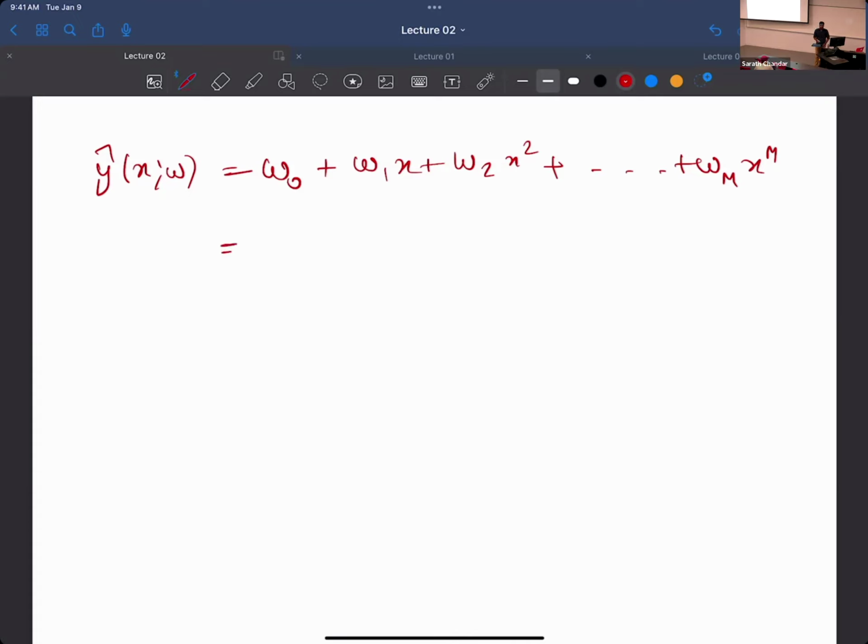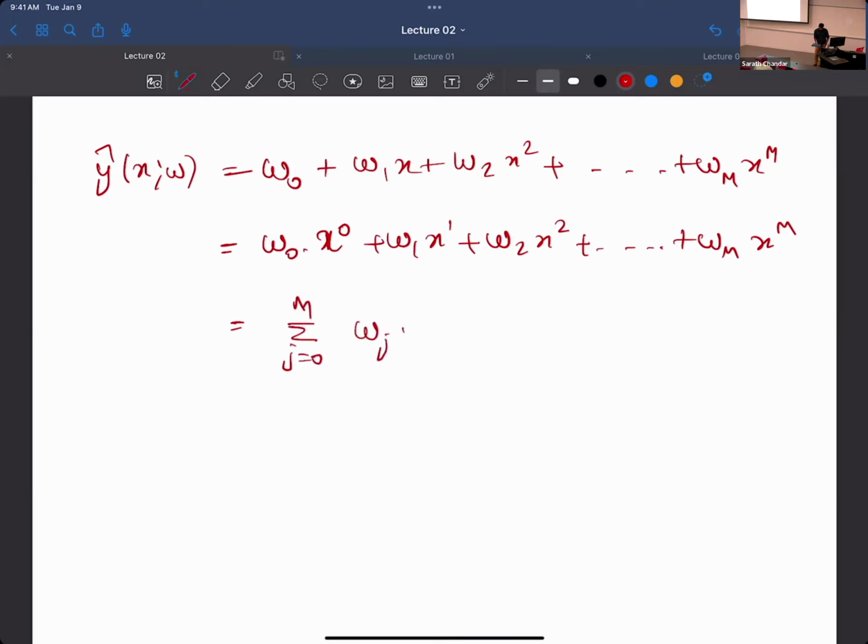So first, let's convert this into a vector notation. So I'm going to put a 1 here. So w0 times 1, or I can just put x power 0, right? x power 0 is 1, plus w1 times x power 1 plus w2 times x squared all the way to wm x power m, right? So this I can write as summation j equals 0 to m of wj x power j.